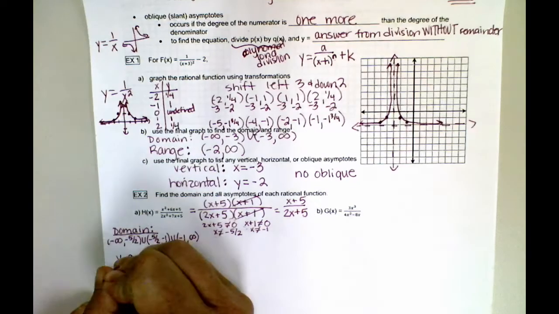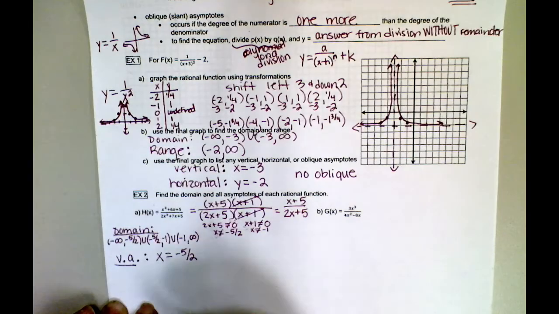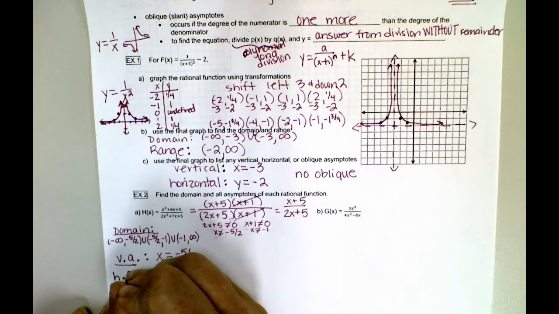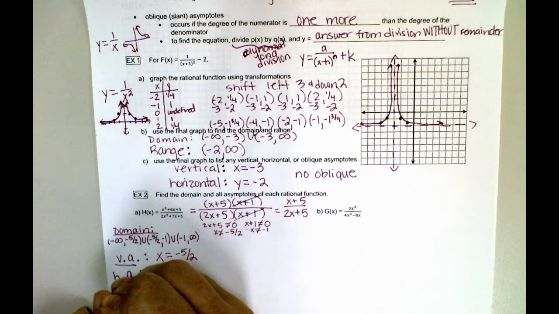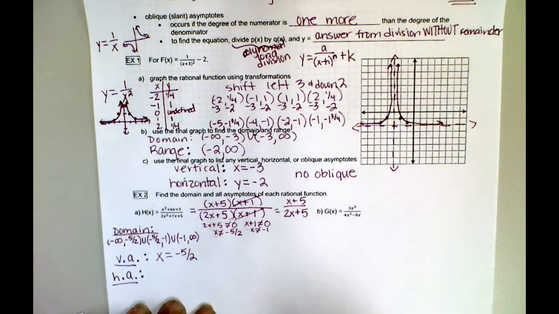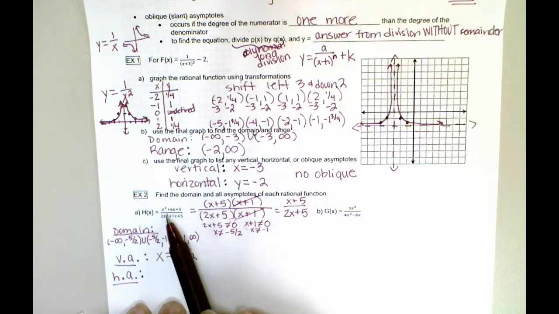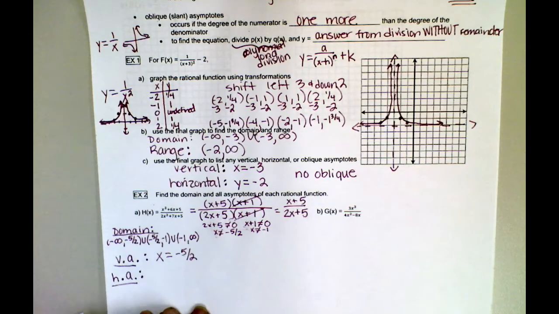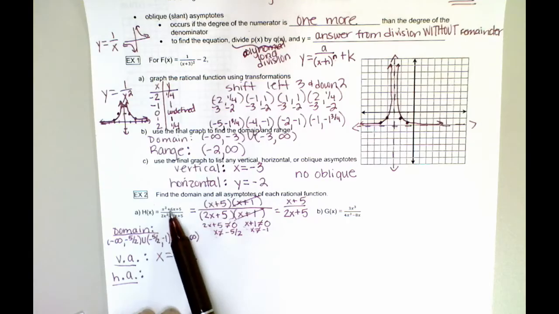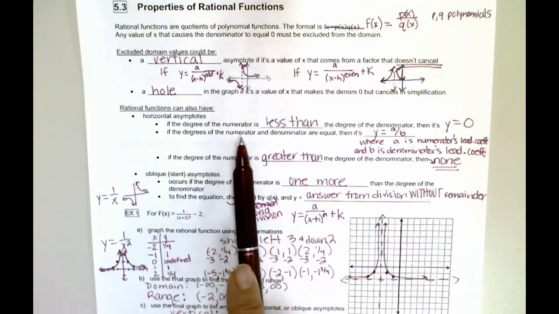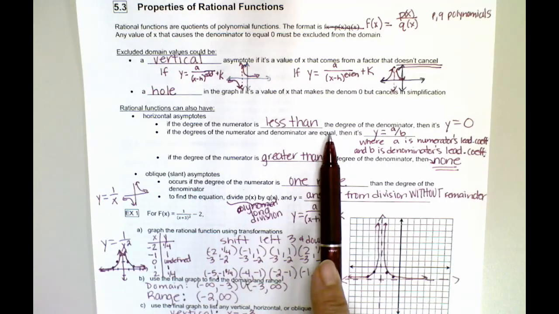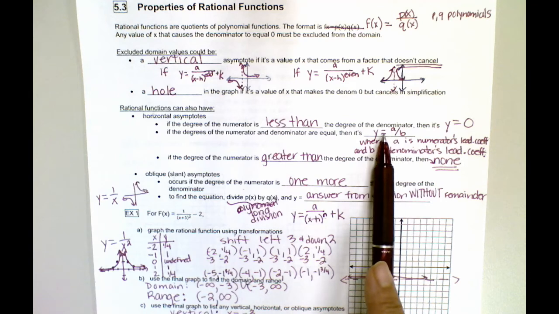Next, I'm going to look for horizontal asymptotes. When I look at degrees, it's easier to look at the standard form polynomial. The numerator is degree 2. The denominator is also degree 2. So that means the degrees of the numerator and denominator are equal, so there is going to be a horizontal asymptote.